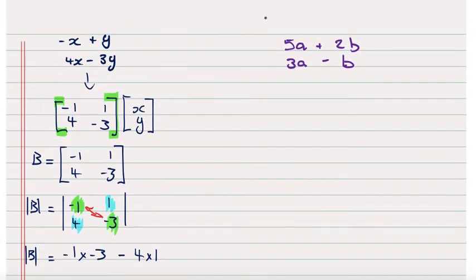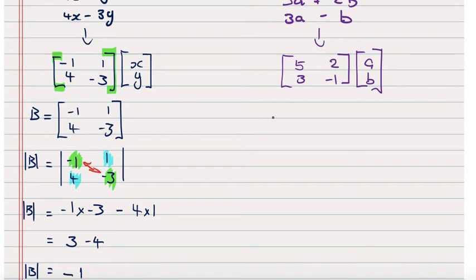Now going on to another example. Over in this purple example, we've got 5a plus 2b as our first expression, then 3a minus b as our second expression. We can write this out as the matrix 5, 3, 2, negative 1, multiplied by the variables a and b, which gives us this system of expressions.